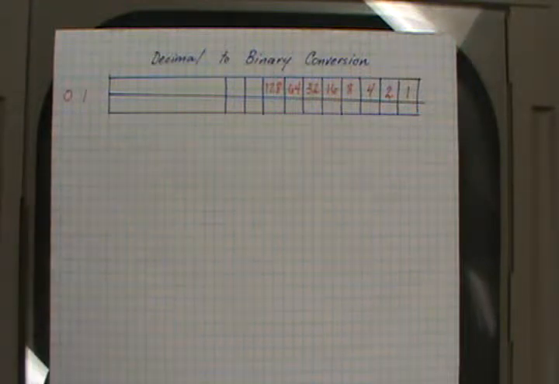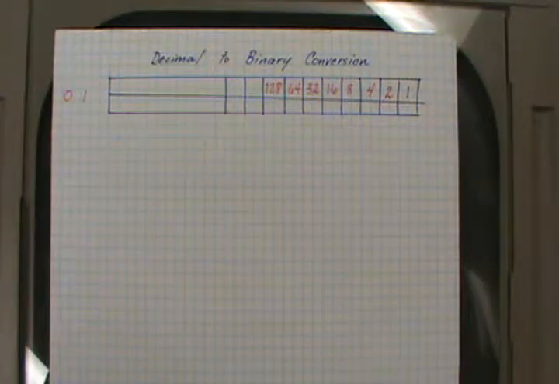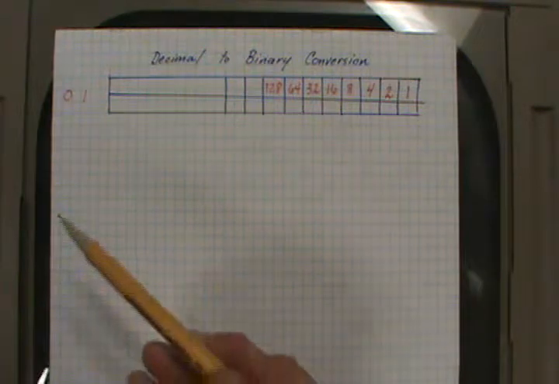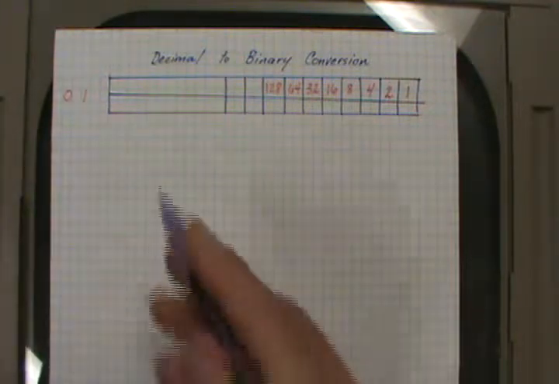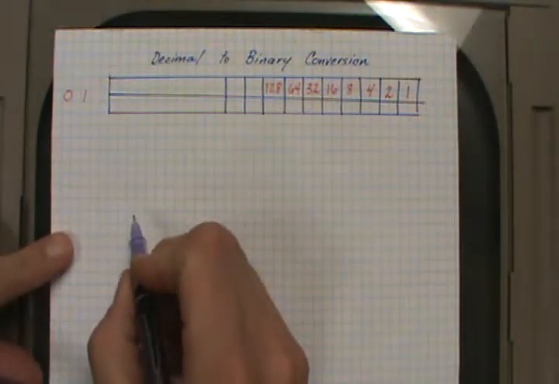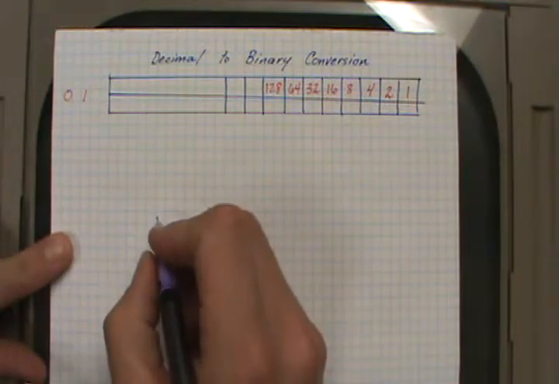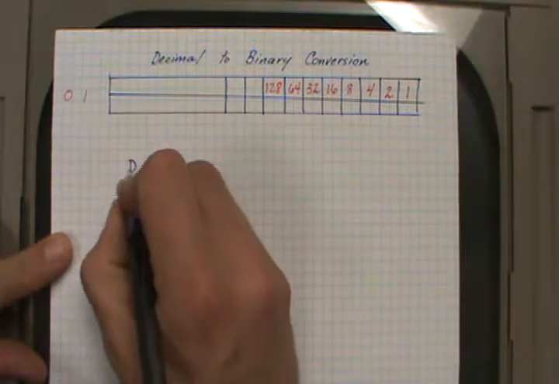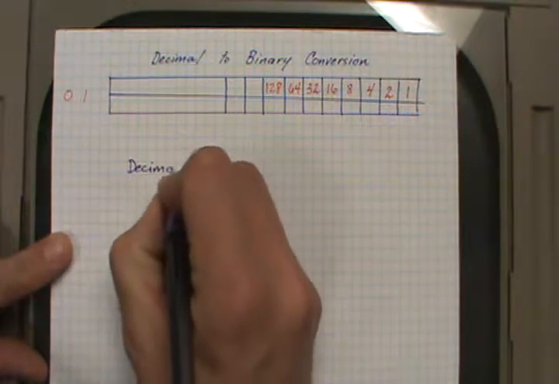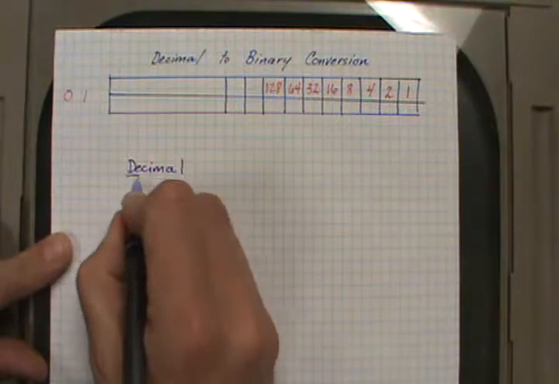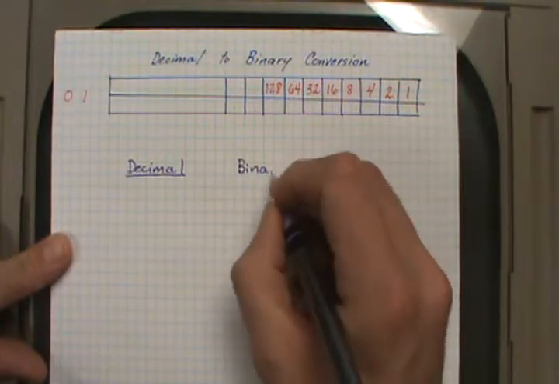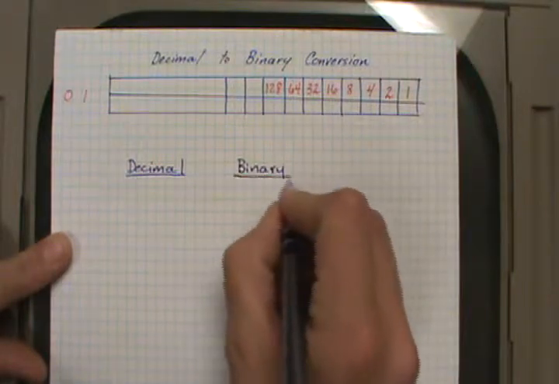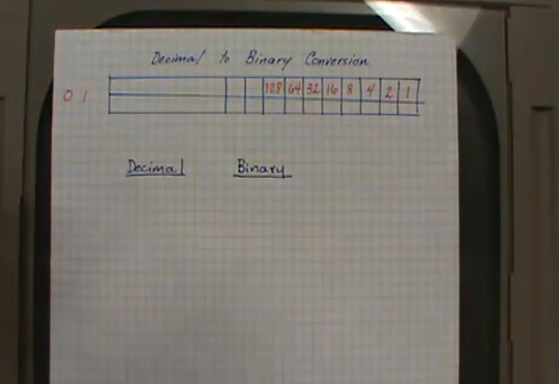So let's get a couple examples here. I'm just going to run a few real basic ones. So we're going to look at a decimal, and then I'll do the binary form.